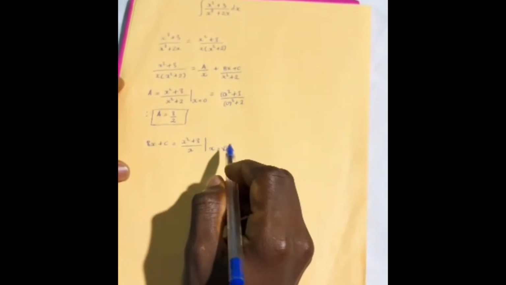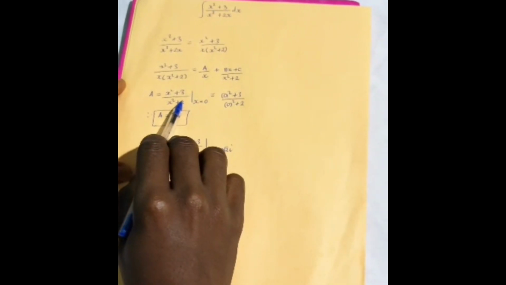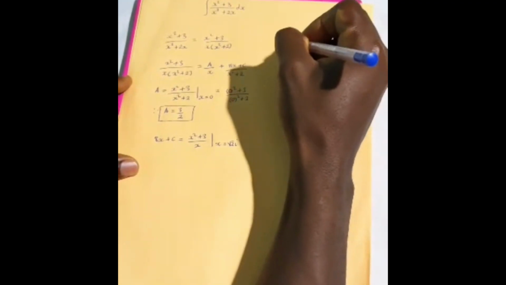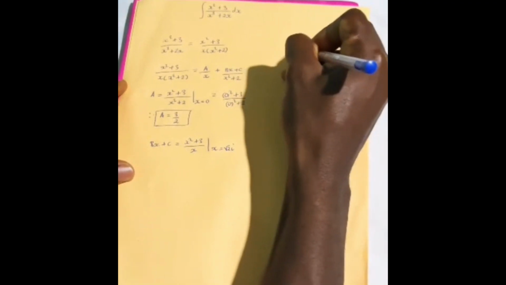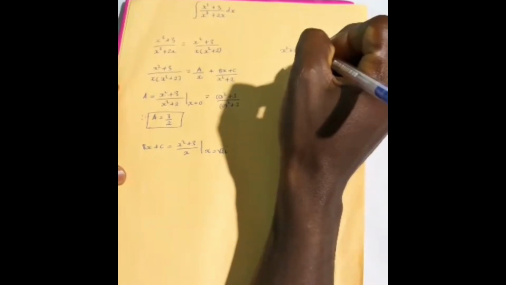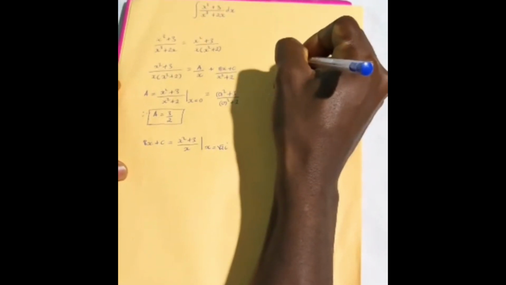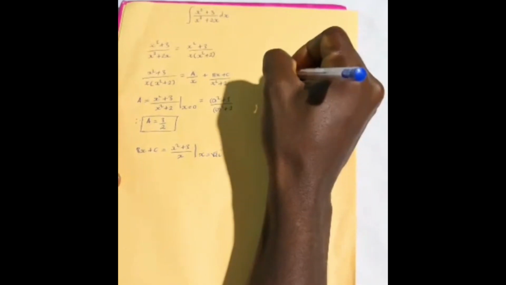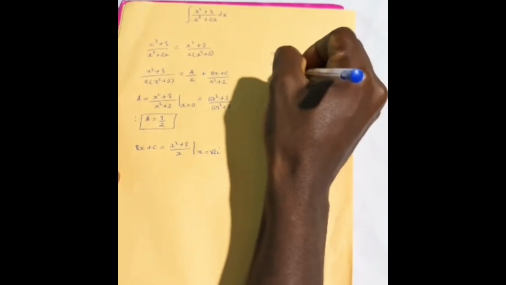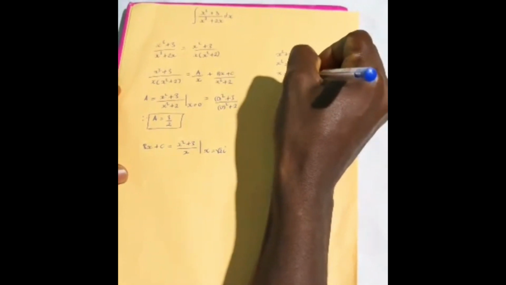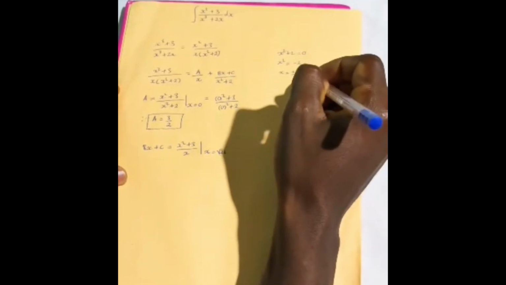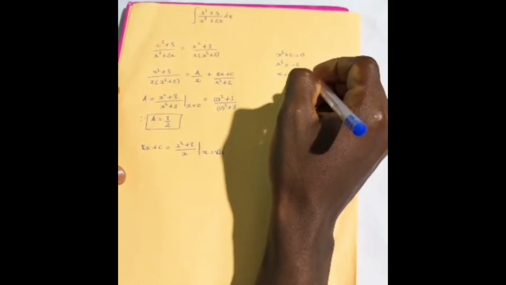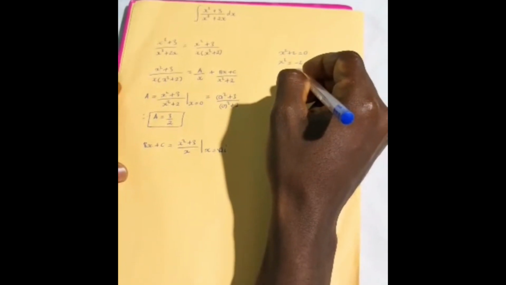Now why root 2i? Because we simply set this irreducible quadratic factor to 0. That is, we set x squared plus 2 equals 0. So x squared equals negative 2, and taking square root on both sides, we have that x equals plus or minus square root of negative 2. Now this is a complex root, so we are going to express it in terms of complex root.